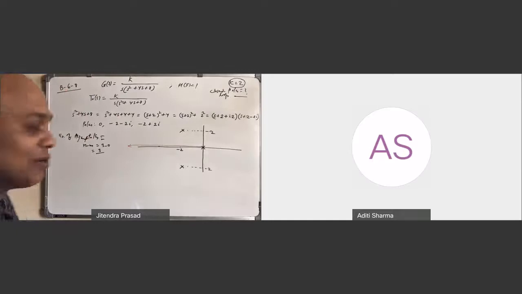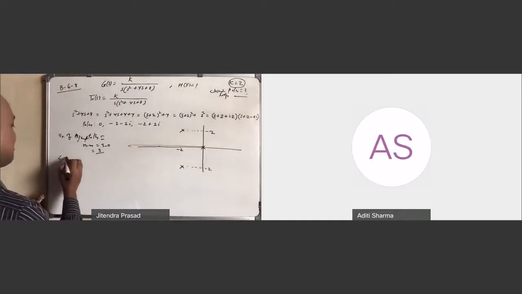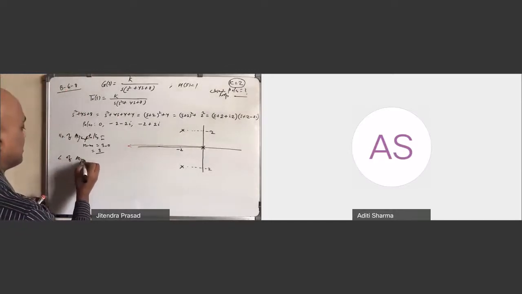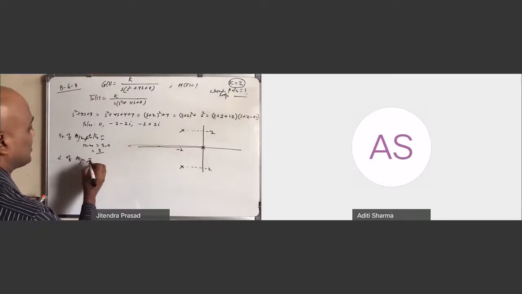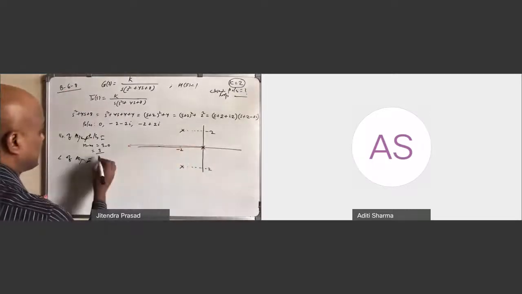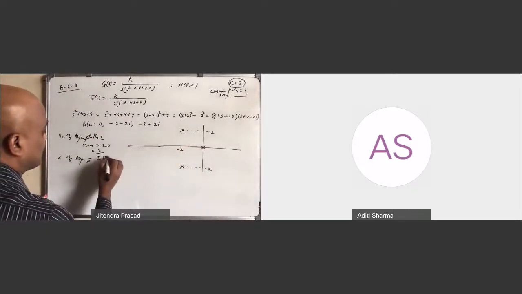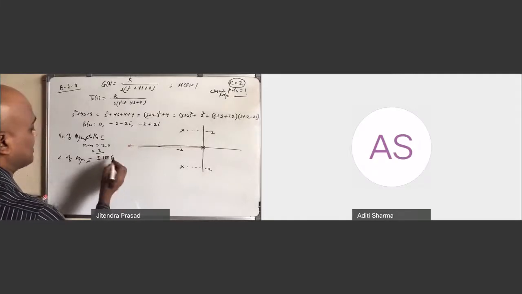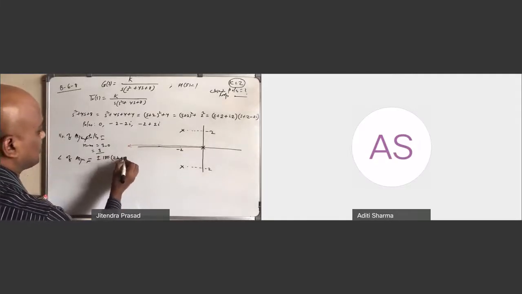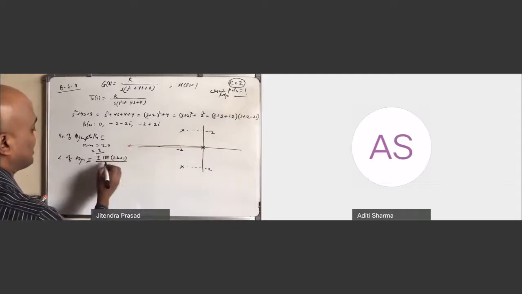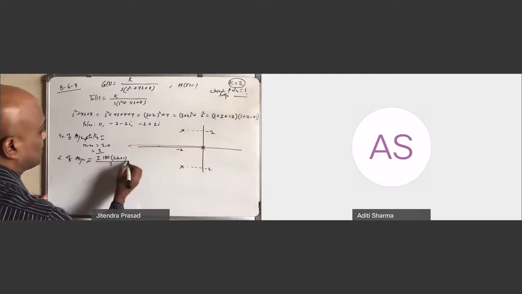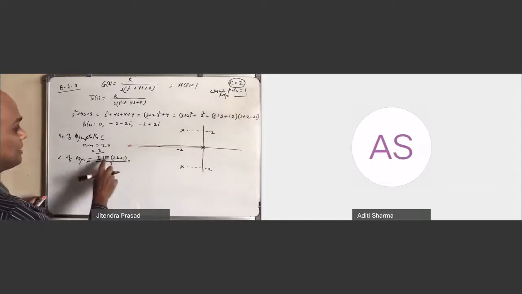So 3 of them we have. And you know the angle for that, right? The angle of asymptotes will be equal to plus minus 180 degrees times (2k plus 1), divided by n minus m, which is equal to 3. That really means you get 3 of them.